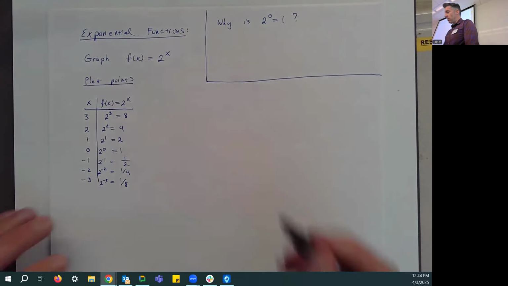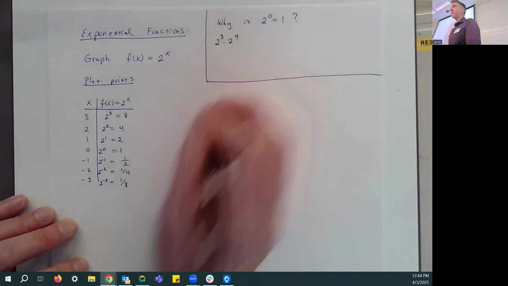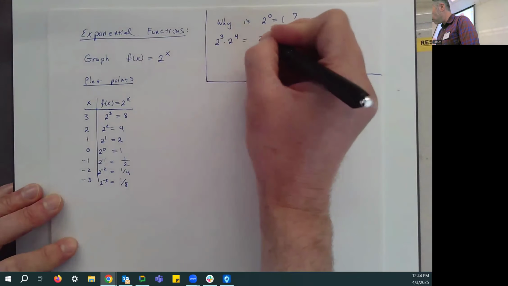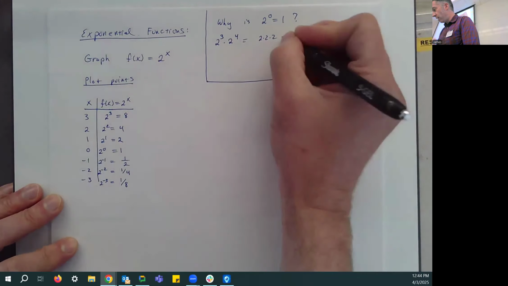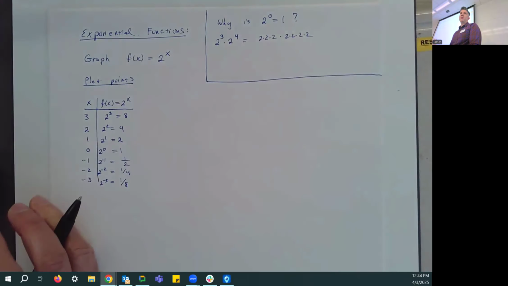So if you took something like 2 to the third and multiplied it by 2 to the fourth, what does 2 to the third mean? I know that equal to 8, but what it means is 2 times 2 times 2. So 2 to the third is 2 times 2 times 2. And 2 to the fourth is 2 times 2 times 2 times 2. How many 2's are we multiplying together?